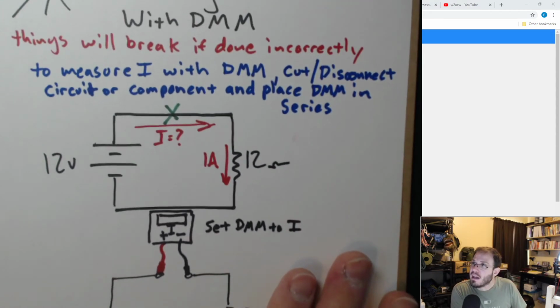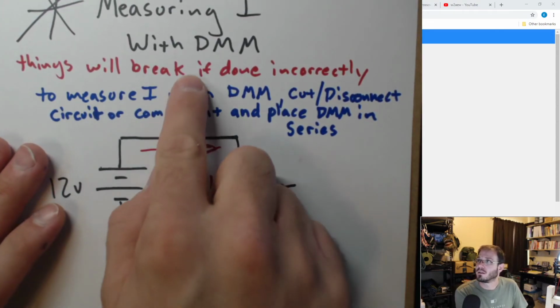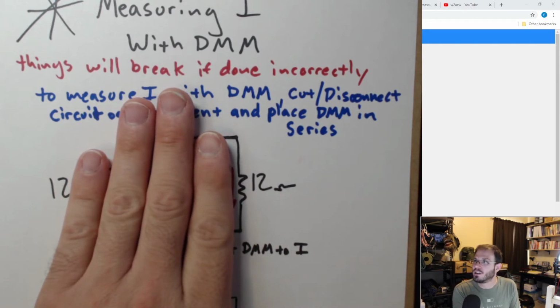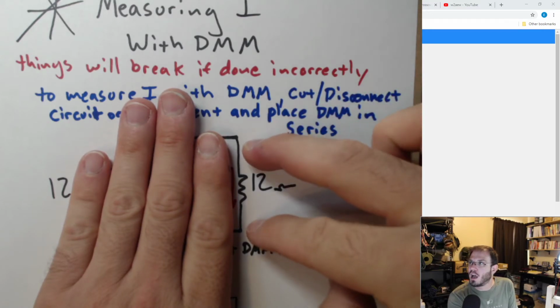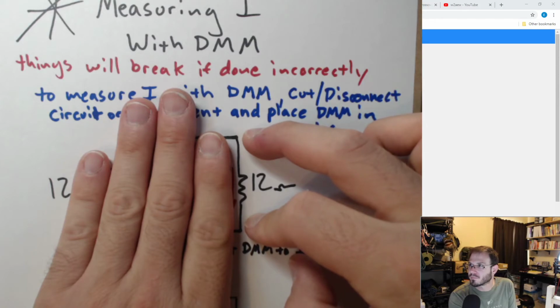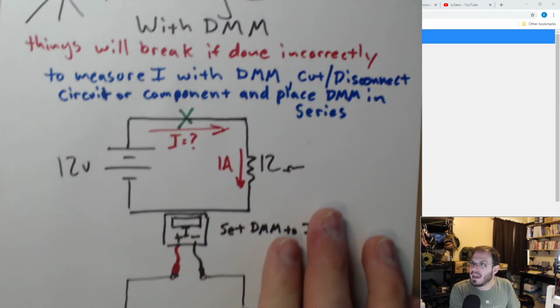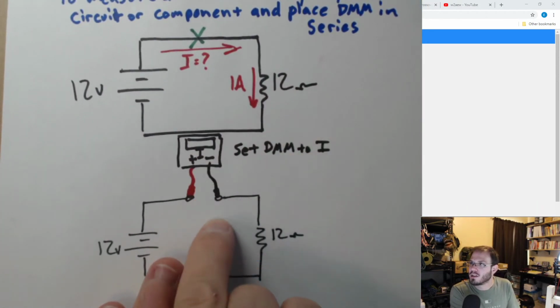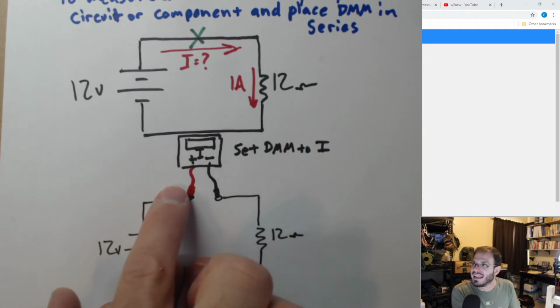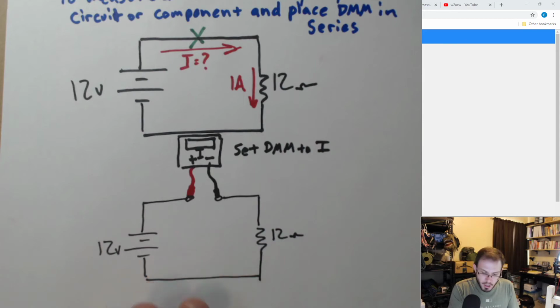Okay. If we don't do this, if we treat it like we're measuring voltage and I just set my multimeter to current and I put my probes across like this, I will break something. So make sure you actually disconnect the circuit and put your multimeter in series. Look at where the current is going now.